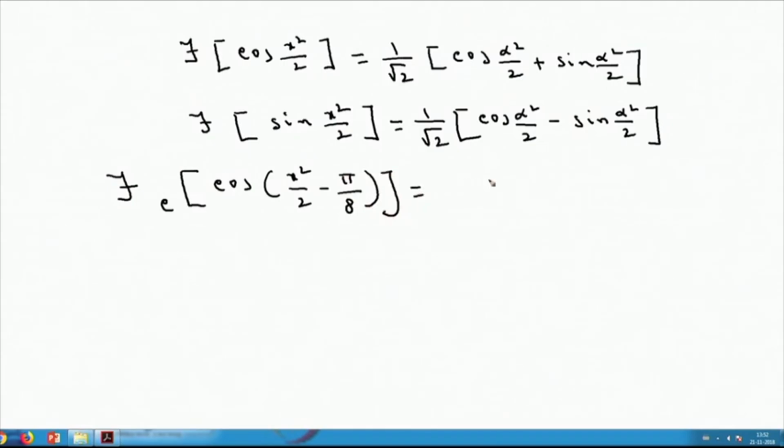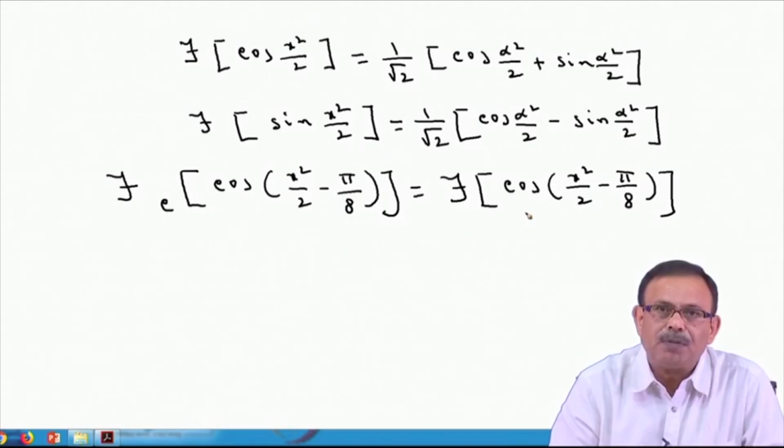This equals, can we write down this thing? Fourier transform of cos of x square by 2 minus pi by 8. Can we write down this? That Fourier cosine transform of this cos equals Fourier transform of this one.